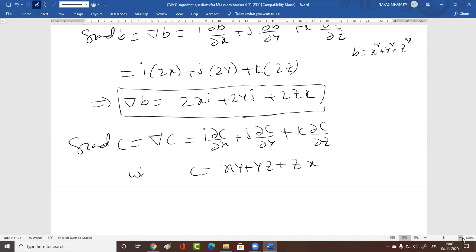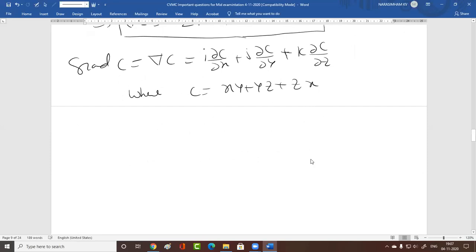Now find the partial derivative with respect to x, y and z. Now del C equals i into partial derivative with respect to x, that is y plus z, plus j into partial derivative with respect to y, that is x plus z, plus k into partial derivative with respect to z is y plus x.